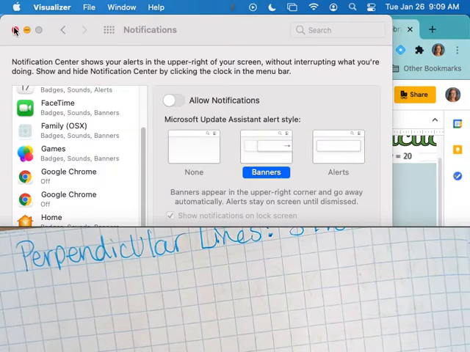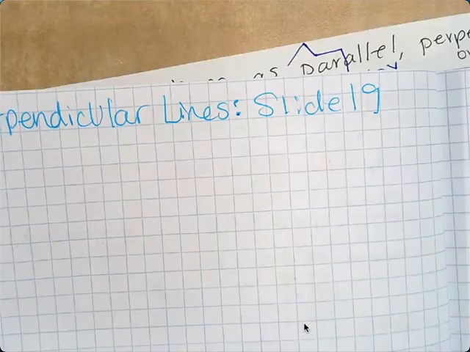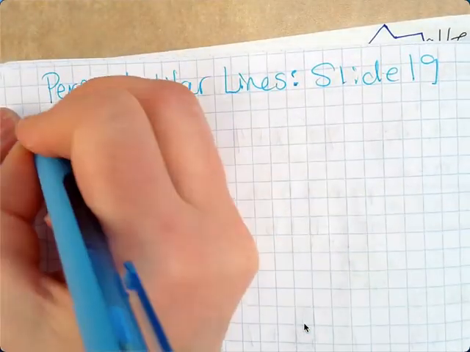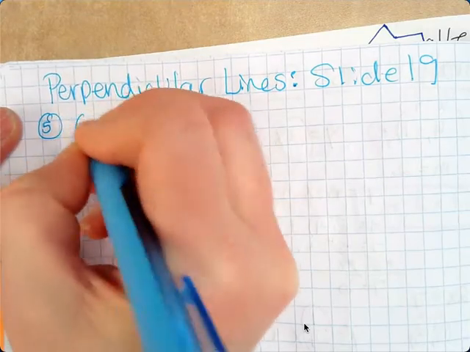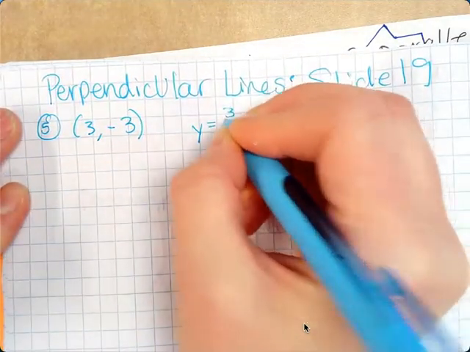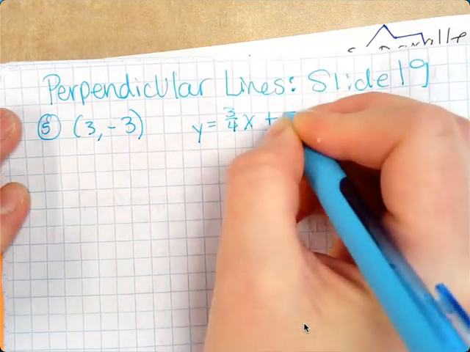It's giving the point 3, negative 3, and y equals 3/4 x plus 5.